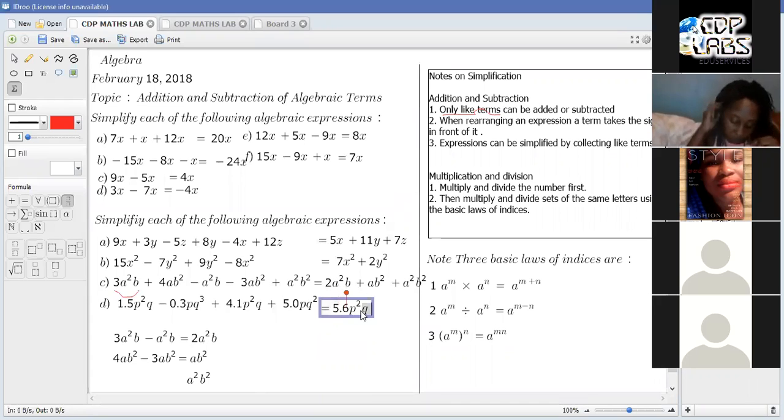Plus, hold on, 4.7 what? 4.7 pq cubed. Okay, that's it. Yes, sir.